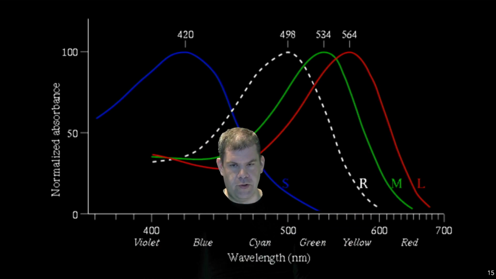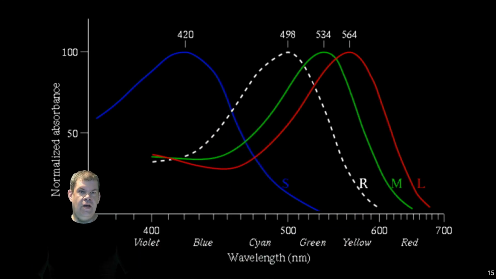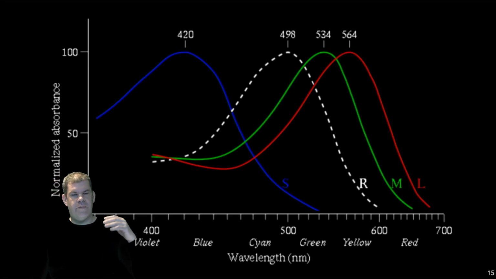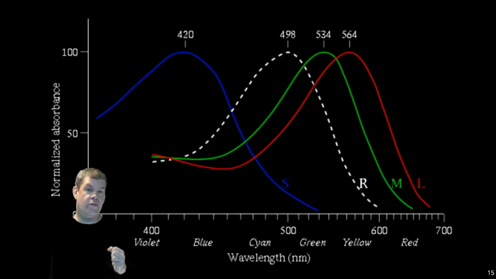Light is an electromagnetic wave, and its color is determined by its wavelength. You've hopefully learned that at school, so it's common knowledge. What is not so common knowledge is how that interplays with our visual system. We've got these three, or in total four cells, and I also included the rods here: the rods are this white dashed line.